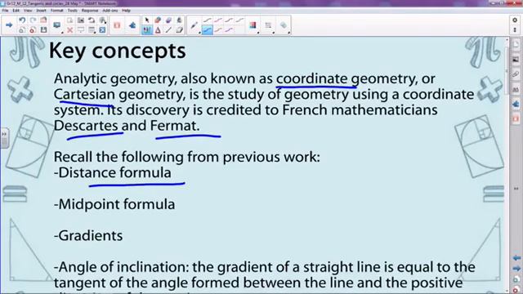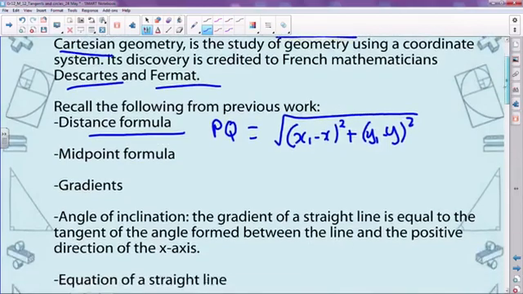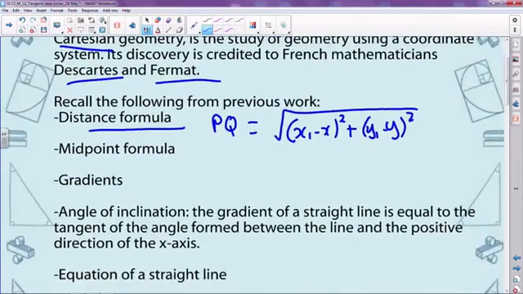So if we want to work out a distance, let's call it PQ, that distance will be the square root of the difference between the two x values squared plus the difference between the two y values squared. So you'll have two coordinates, (x1, y1) and (x2, y2), and then you'll find the distance between those 2 points using that formula.